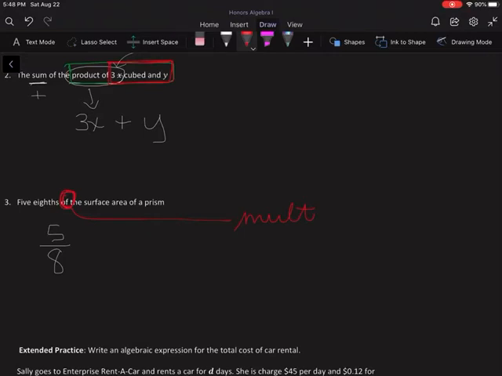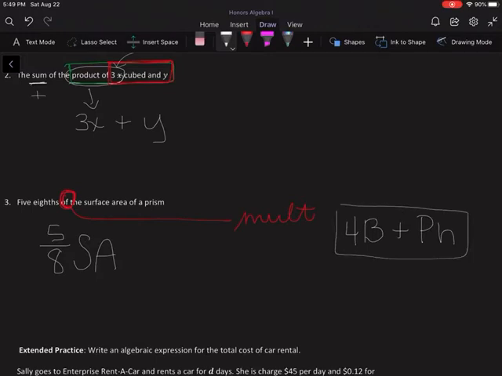You might not know the formula for surface area of a prism, so just put SA, because SA represents surface area. The surface area of a prism is 2 times the base area plus the perimeter times height.